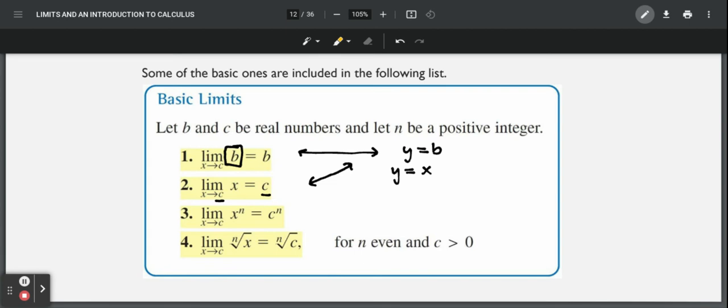Because if you have x to the n, when you plug a c in for x, you get c to the n. Or if you're taking the nth root of x, you can just plug a c in, whatever value you're approaching. These are all just continuous functions, where you're plugging in the x value we're looking at on our graphs.